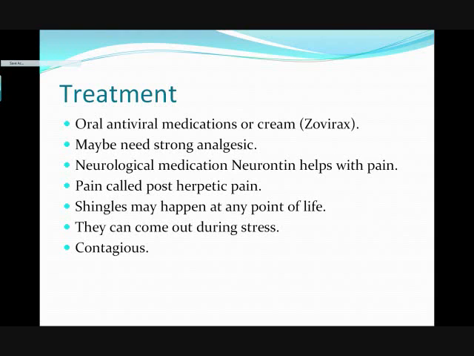They need a strong analgesic, maybe like Tylenol number 3, which is Tylenol with codeine, just to relieve the pain, because even the shirt touching the area, if it's on the trunk, could be very painful. The pain is called post-herpetic pain. Neurontin is another medication the patient can take to help with the nerve pain. It blocks the nerves.